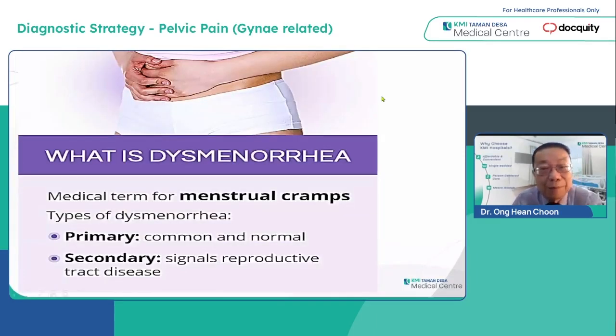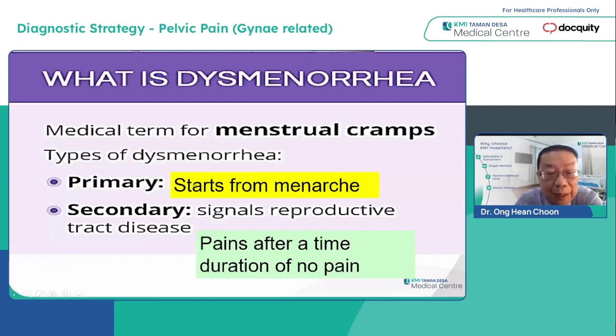The next common thing that happens in women is actually dysmenorrhea. The term dysmenorrhea means menstrual cramps. So the pain is crampy in nature. And there are two types mainly, primary and secondary. Primary means that the pain starts from the menarche.